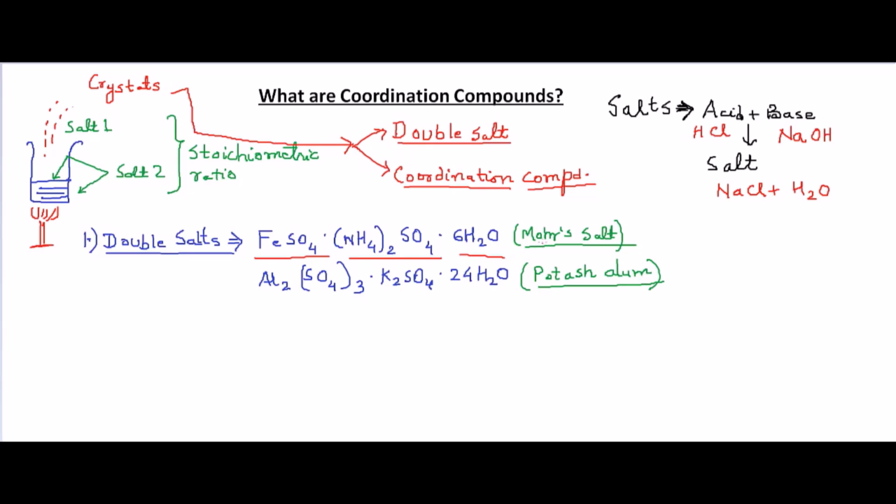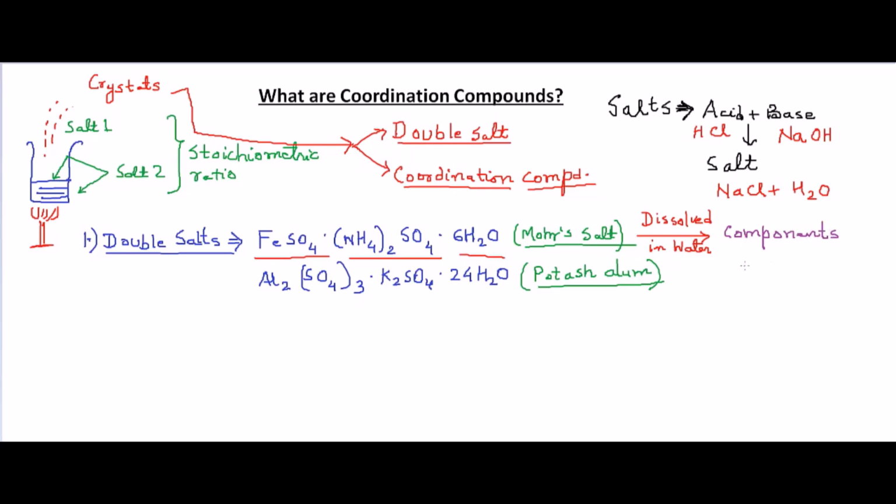Now when these double salts are dissolved in a solvent, water can also be a solvent, let us say dissolved in water or any other solvent, then what happens? They decompose into their respective constituent components.